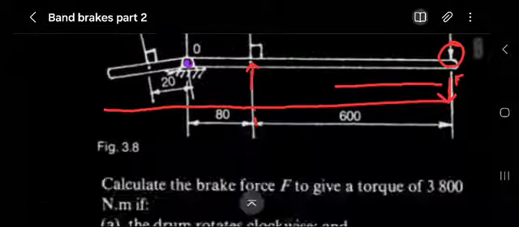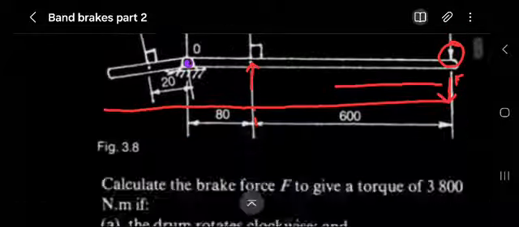We have our beam. Let's start by finding the ratios. T1 over T2 is equal to e to the power of mu theta, where mu is the coefficient of friction. From our data it is 0.28, and the angle is 210 degrees. You divide this by 57.3, so you can plug it in at the same time.